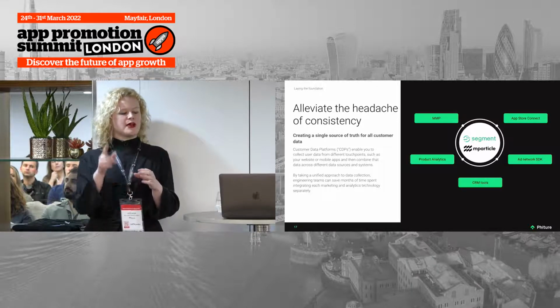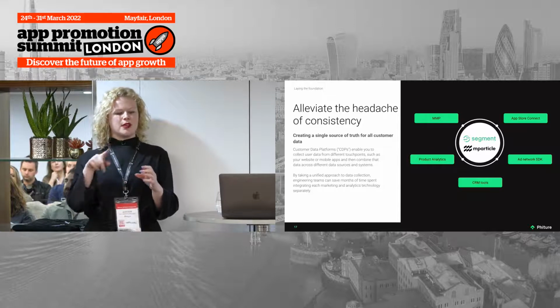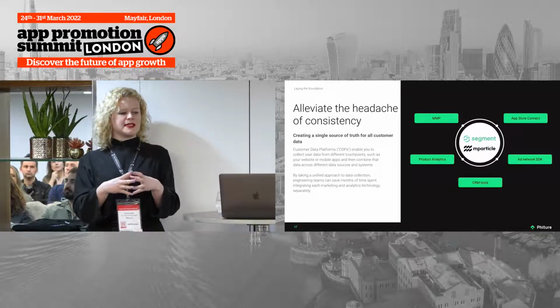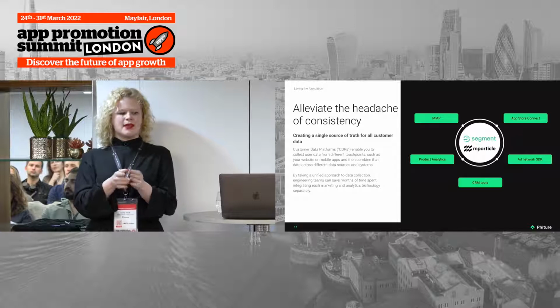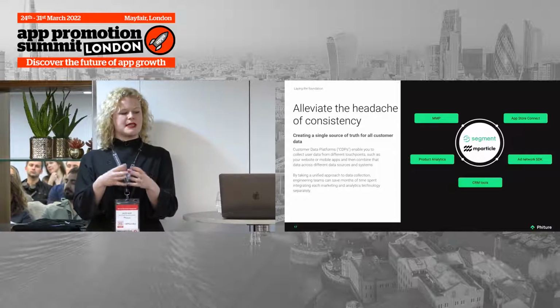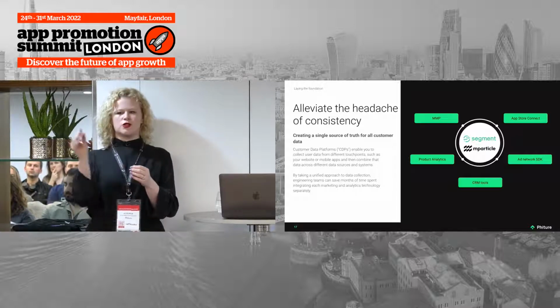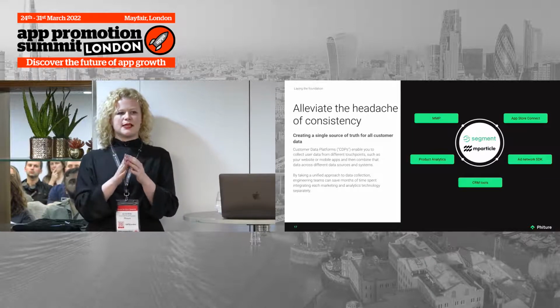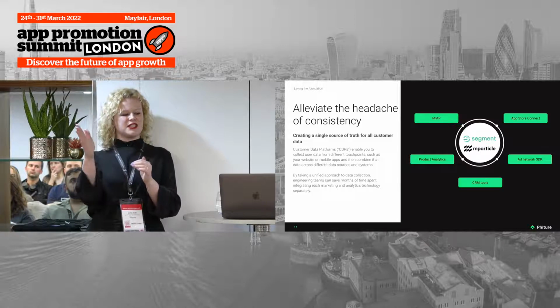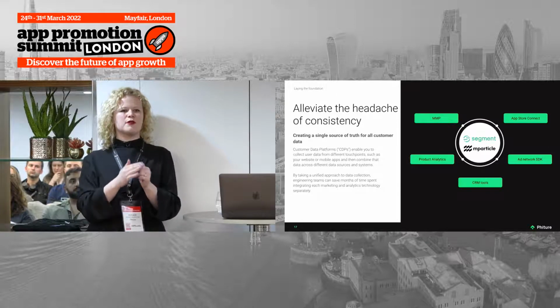You have your entire tool stack, but you're just piping all of your events and attributes into this one middleman. And then every time you add a new tool to your stack, the CDP will pipe the exact same events and attributes into each tool as you grow and move along.